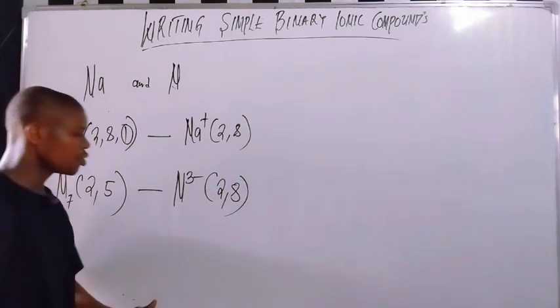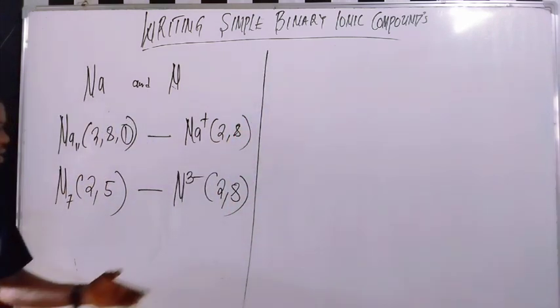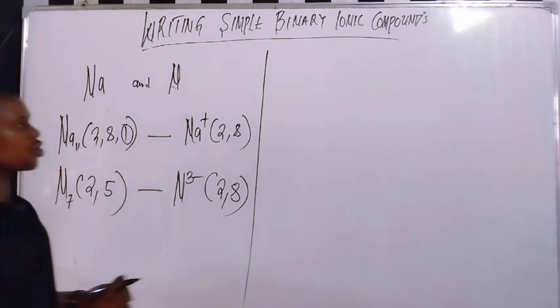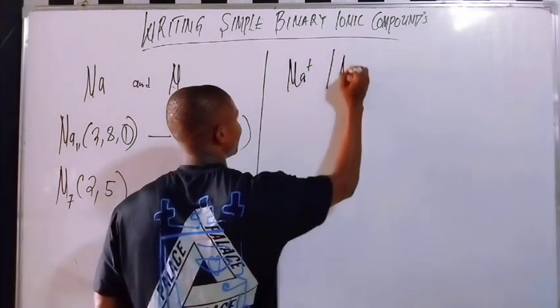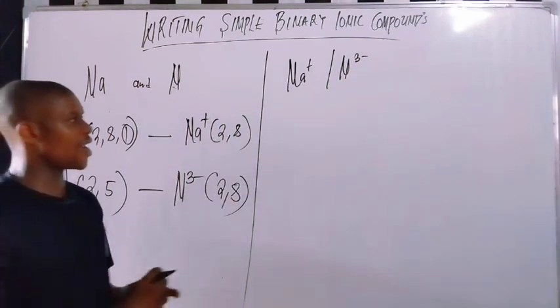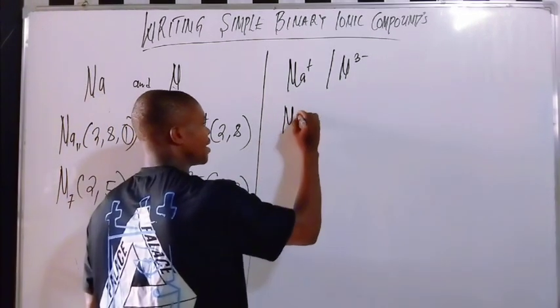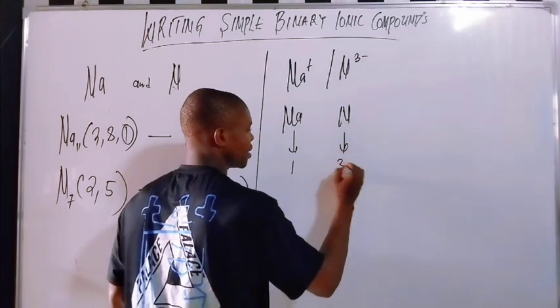Do you understand? So now when you want to write the ionic compound between the two of them, you write Na plus and N3 minus. You see that? So how do you now write the ionic compound here? That would be Na, which is 1, and N, which is 3.